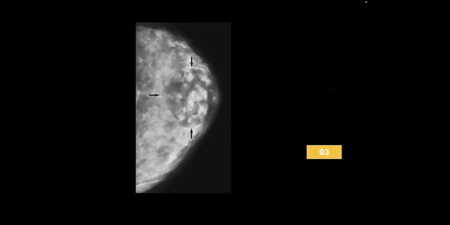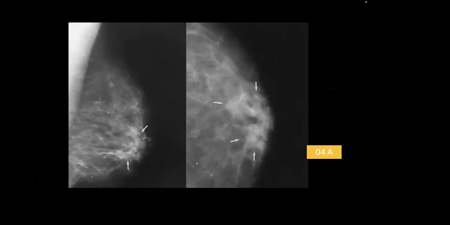The third spotter. This is a fourth spotter, and in fourth spotter, I'm giving you two images. This is 4A.